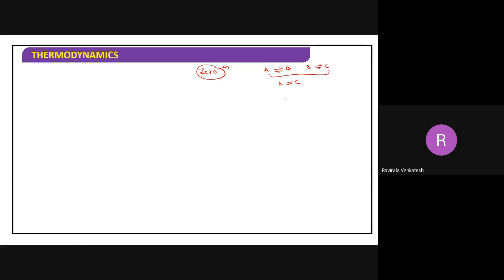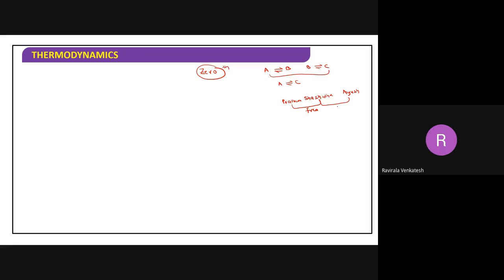For example, in your class, I am taking 3 students here. Prathamesh I have taken. Shashidhar I have taken. And Ayush I have taken. Now, Prathamesh and Shashidhar are very good friends.